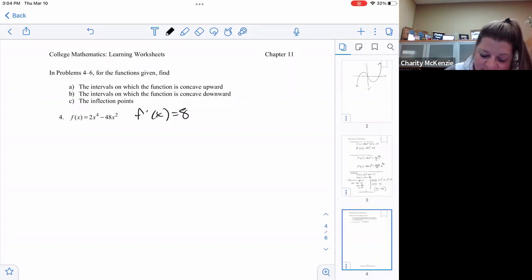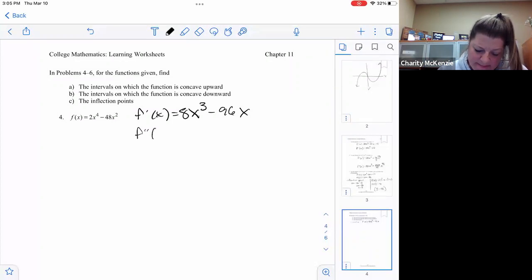So 8x to the third minus 96x. And then we go from here to second derivative, 24x squared minus 96.